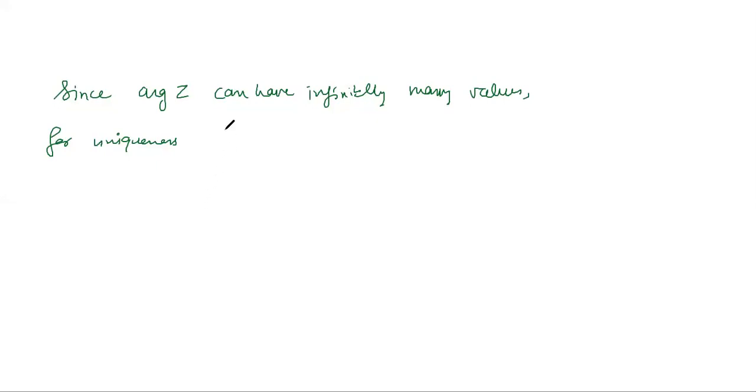So उसके लिए हम एक define करते हैं principal argument, that we do not want different answers, we want a unique answer. So instead of asking the argument, we ask for, okay, tell me the principal argument of a complex number.